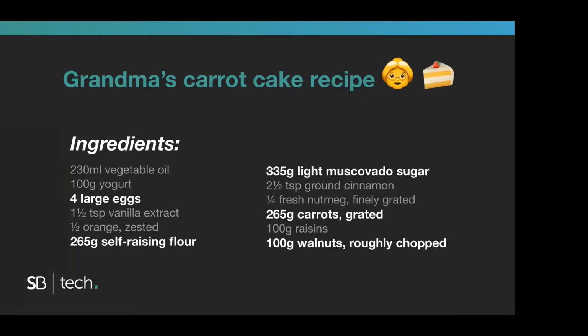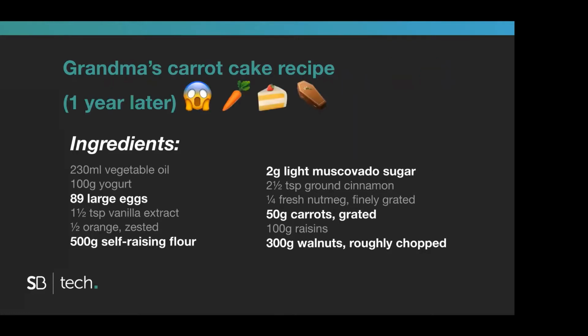Then, about a year later, I remember my grandma's carrot cake recipe again. And I think to myself, great, I'll just get the recipe book out, have a look through the notes, and bake a wonderful cake again. But I look at the ingredients, the ingredient list looks okay, but the quantities seem way off. How can it be?